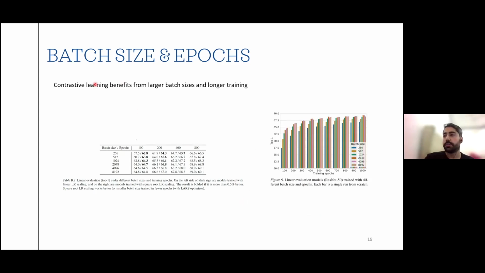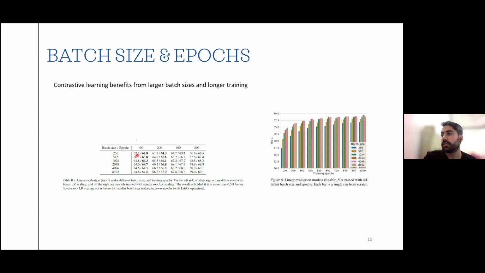Now the batch size and epochs. Contrastive learning benefits from a larger batch size and a longer training time. If we have a batch size of 256 and a lot of epochs, we have this accuracy. For example, at 100 epochs and with different batch sizes, the accuracy keeps on increasing.